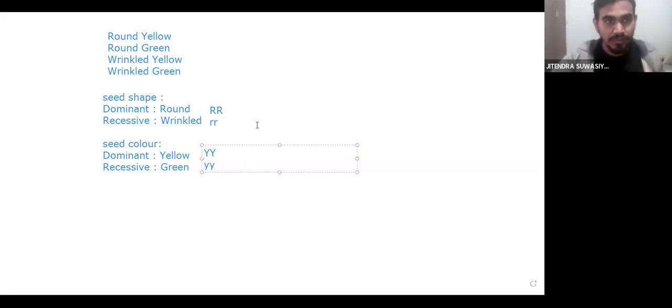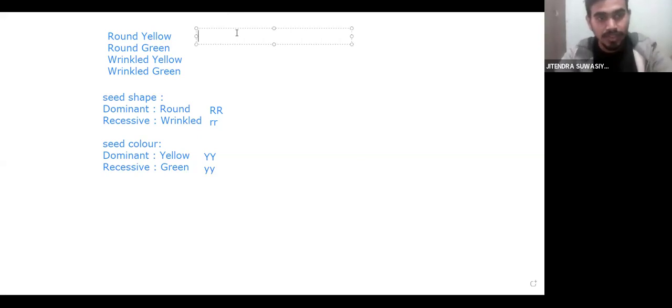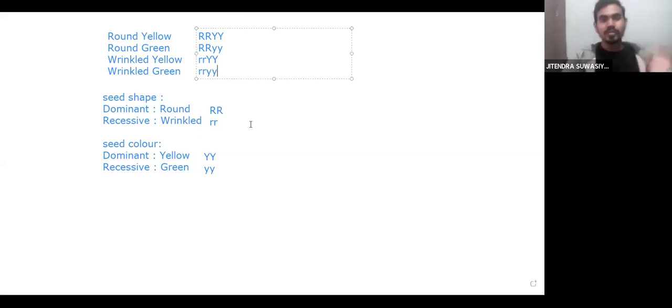After that he formed the gametes. So now we can form the round yellow: capital R, capital Y, then capital R, small y, then small r, capital Y, then small r, small y. So there are four. That was the dihybrid cross.